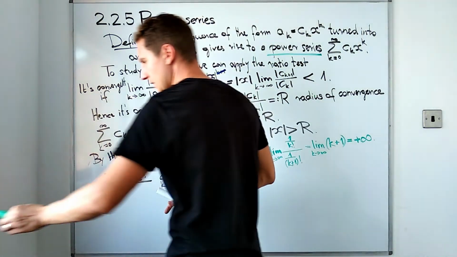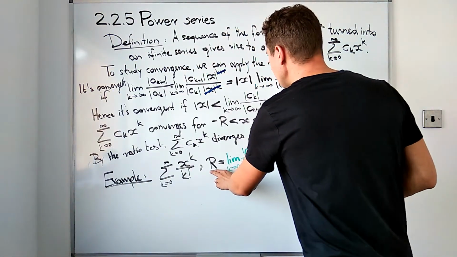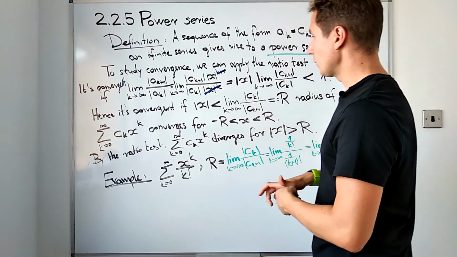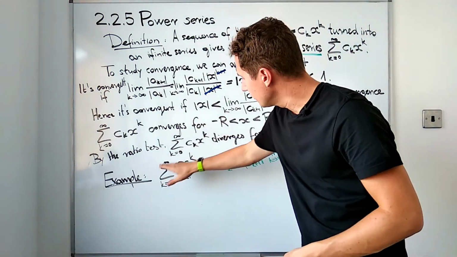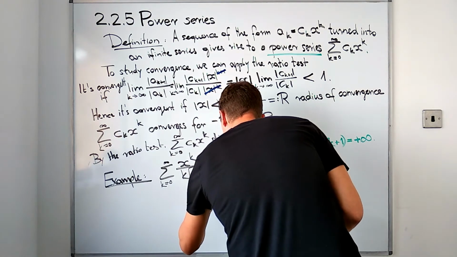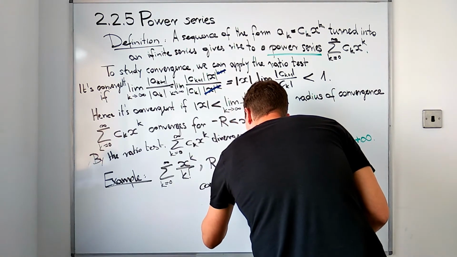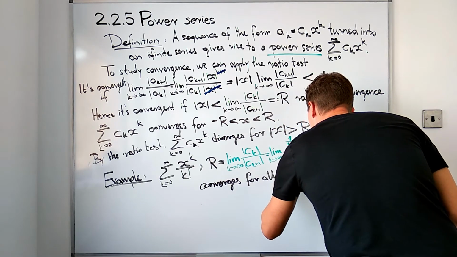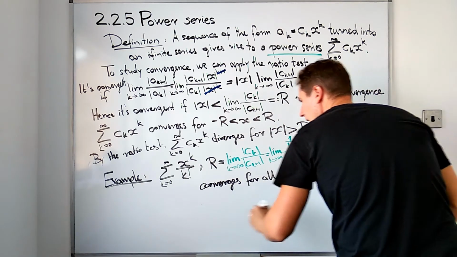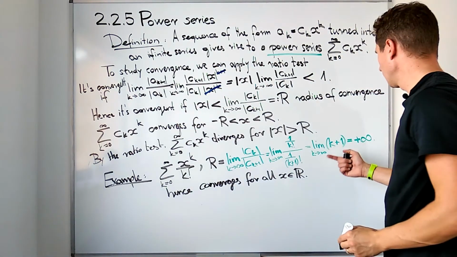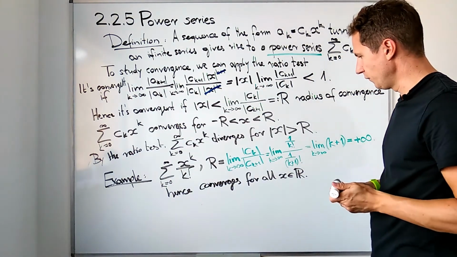It diverges to plus infinity, which means that the radius of convergence is infinite. That translates into saying that this power series converges for all real numbers. So this is the consequence of having an infinite radius of convergence.